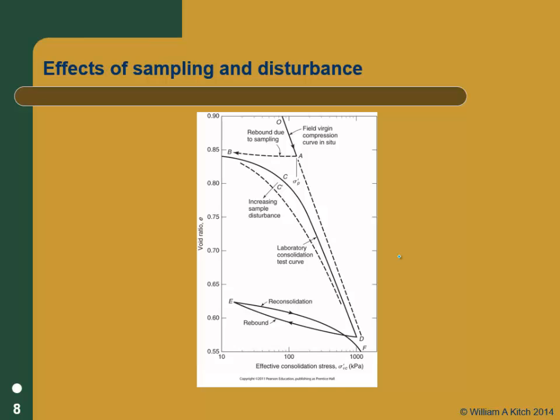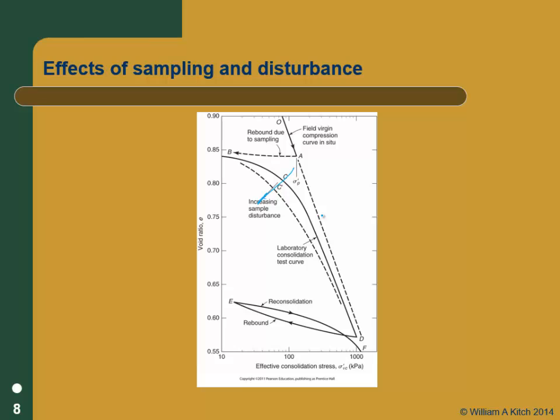So as we see curves that move in this direction, they get soft. Two things happen. They get softer, and the preconsolidation stress gets less and less distinctive. That's an indication of a sample that's been disturbed.